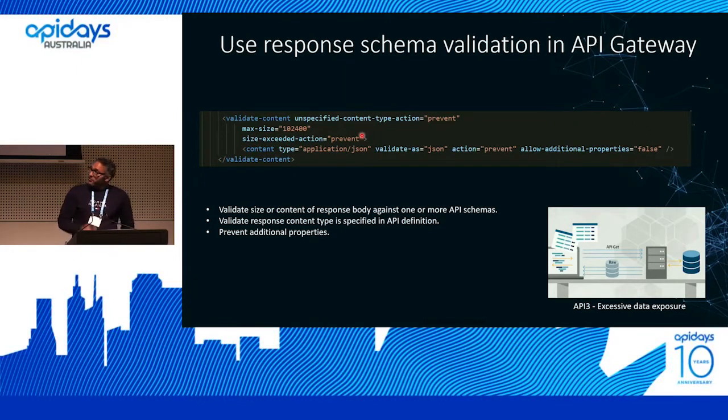So we moved from rate limiting resources to excessive data exposure. Now, one of the great features in any API gateway, I showed you the developer portal and API definitions. So the API gateway understands how your API works. So it understands the schema of all your requests and responses, right?